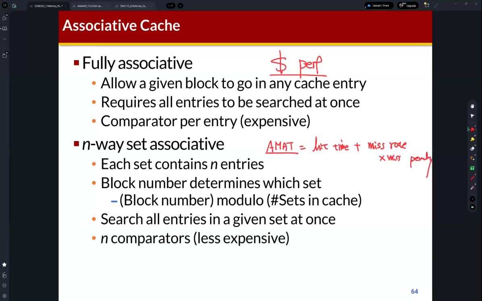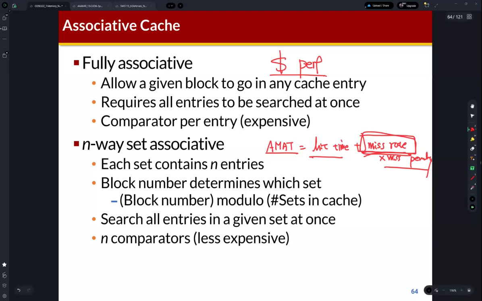So these factors, hit time, miss rate, and miss penalty, will decide the performance of cache, right? These factors are all important. But when we consider the cache organization or cache configuration, we can also focus on the miss rate, right?